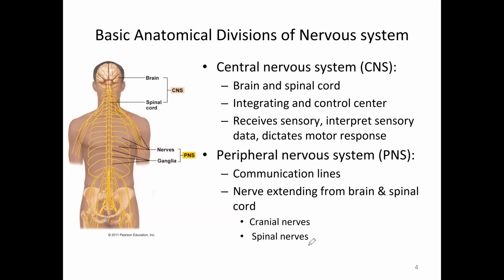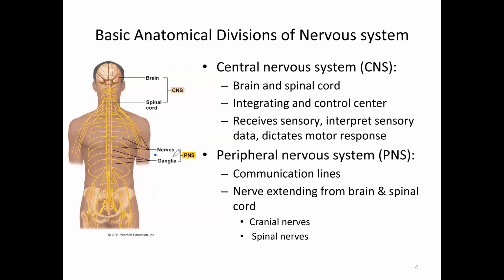So peripheral nervous system includes pretty much everything other than your brain and spinal cord. So brain and spinal cord is CNS, but major organs, nerves, cranial or spinal, and associated nervous structure like ganglia or receptors or motor endings, those are part of PNS.